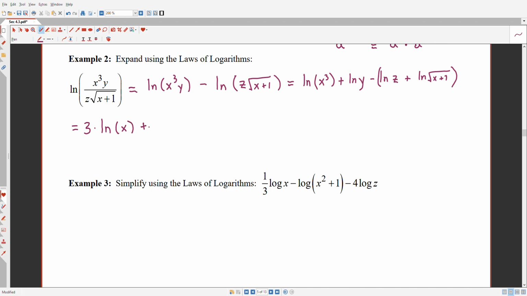And now I've got plus the natural log of y, and then minus the natural log of z, and then minus the natural log of the square root of x plus 1. And when dealing with logarithms and derivatives, it's really helpful to write our square roots as to the 1/2 power.